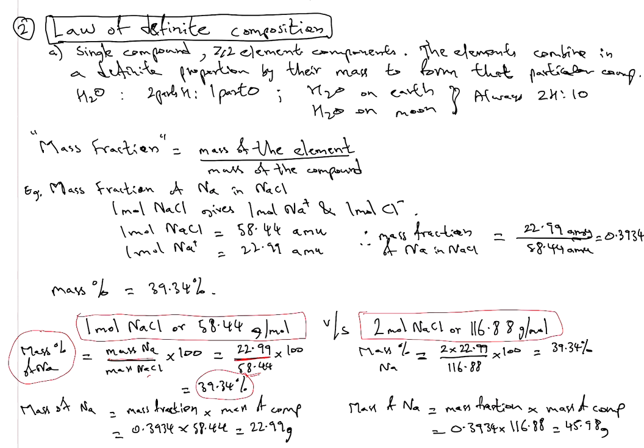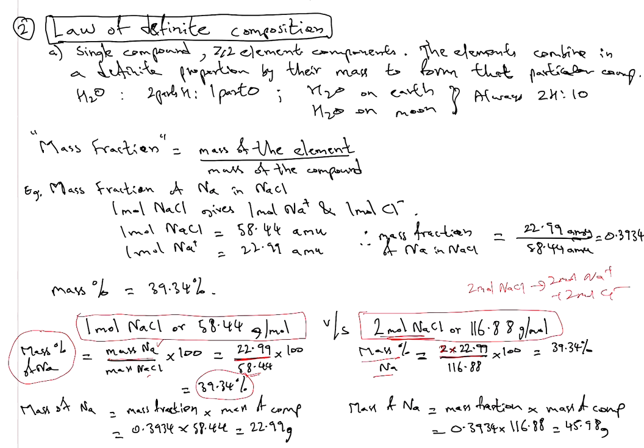Let's see what is the mass percentage of sodium in 2 moles of sodium chloride. Again, the formula is the same. It is mass of sodium, and in this case the mass of sodium is 2 times the mass of 1 sodium, because 2 moles of sodium chloride will give you 2 moles of sodium and 2 moles of chloride.